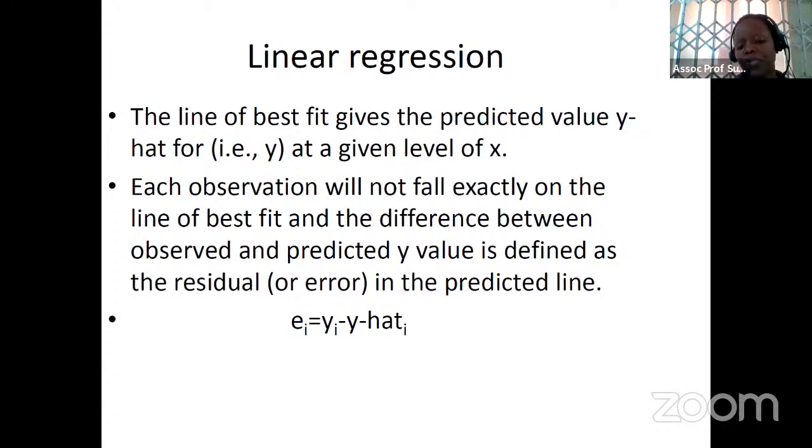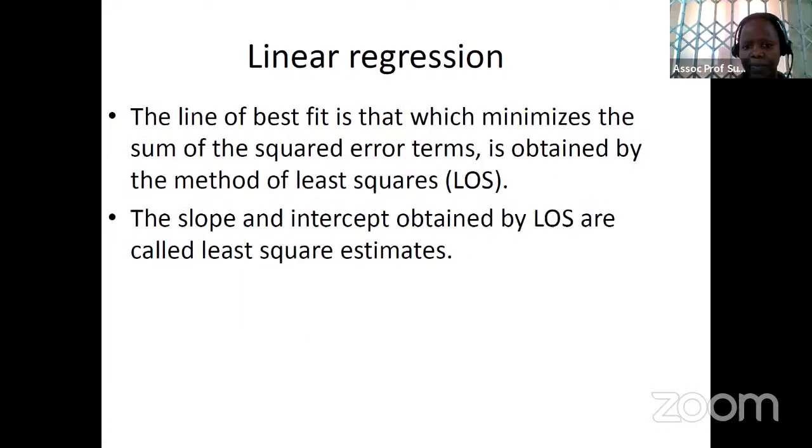So the difference between the response that you collect from the field and the value obtained by the line of best fit, y hat, is epsilon.